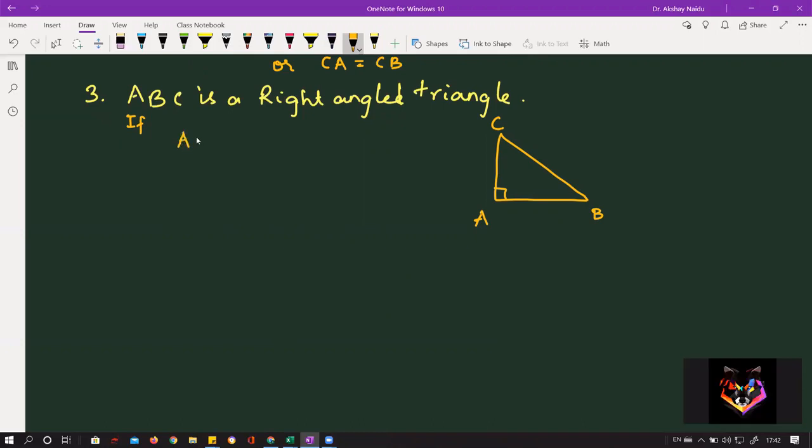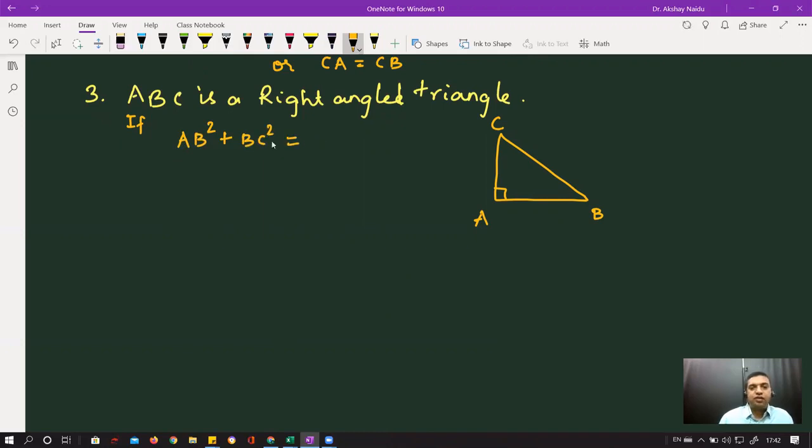So here in this case, if AB square plus AC square is equal to BC square, or it can be other way also: AB square plus BC square is equal to AC square.